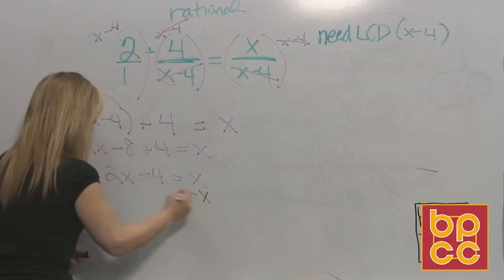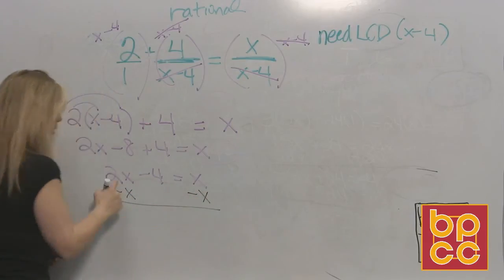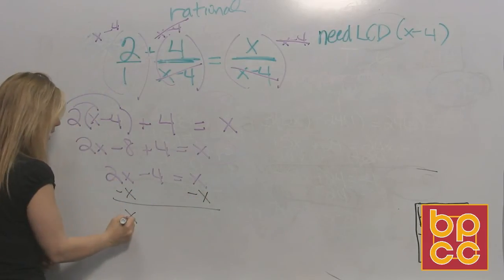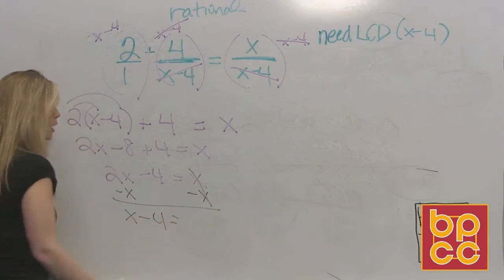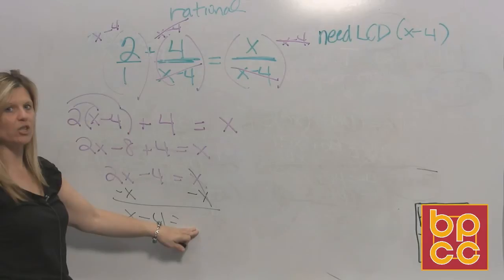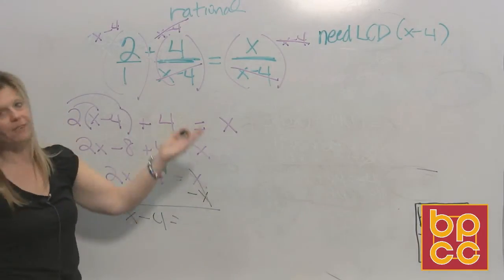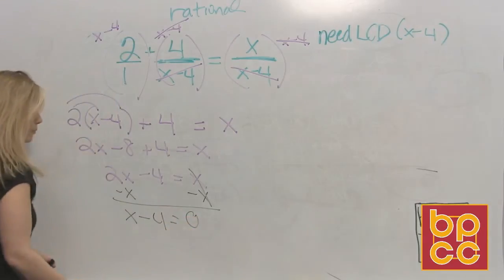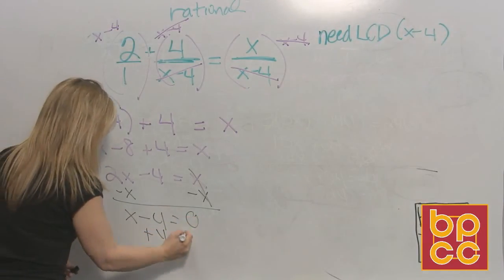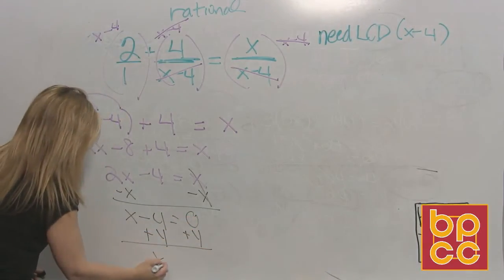So to move the x by subtracting it, 2x minus 1x is 1x. These are going to cancel, but you can't leave a side of an equation blank. It's got to be filled. It's got to balance. So x minus x is 0. Then we'd add 4, and there's your solution.